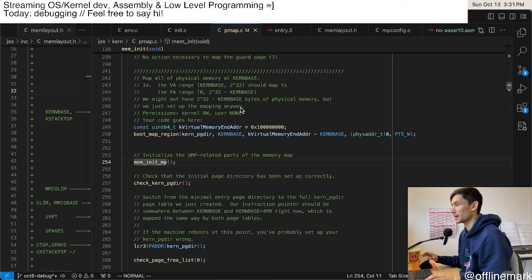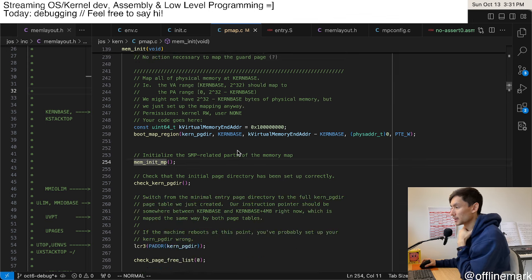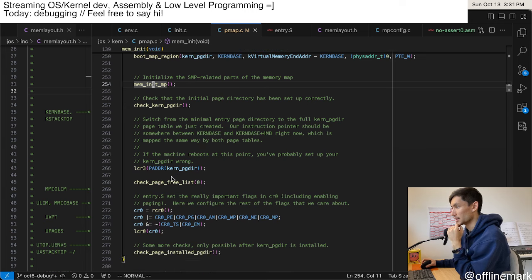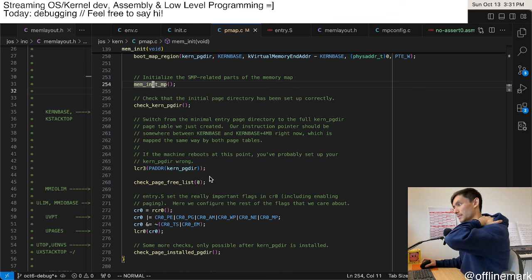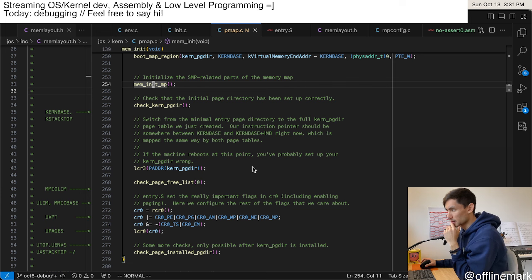And okay, that's interesting. I wonder if this is necessary then. Then there's this check, and then we load in the new page tables.